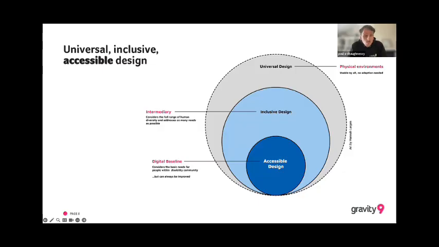And then accessible design is the baseline when it comes to digital access. It's without doubt super important and super beneficial for disabled people, but you can do better. It's very important that you design accessibly, but you can do better than just accessible design.